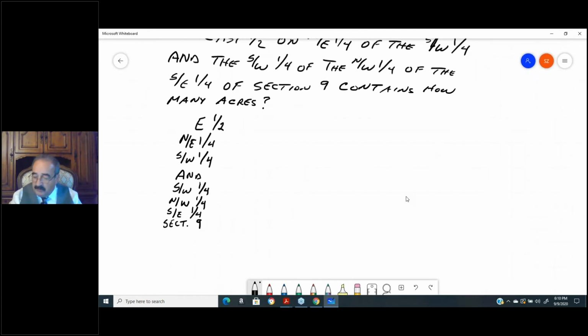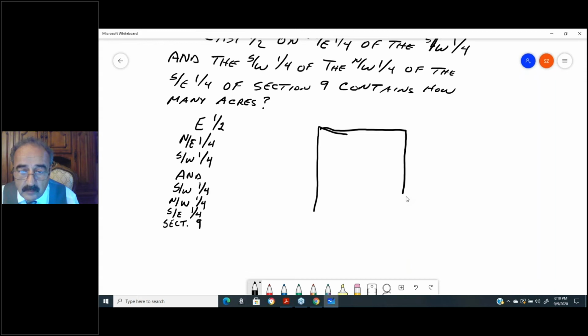So let me show you what it's going to look like. So section 9, remember, every section contains 640 acres. It's 1 mile by 1 mile. So this is section 9. Okay, I got section 9 done. Now, what I want, this is southeast quarter.